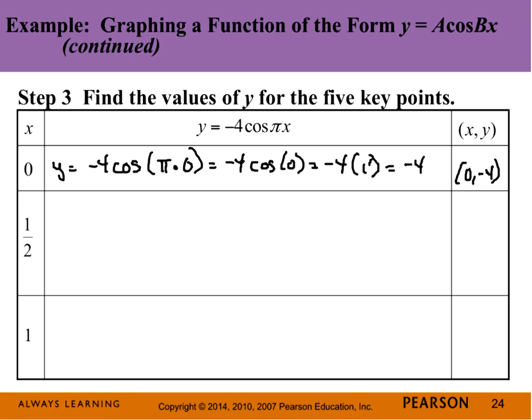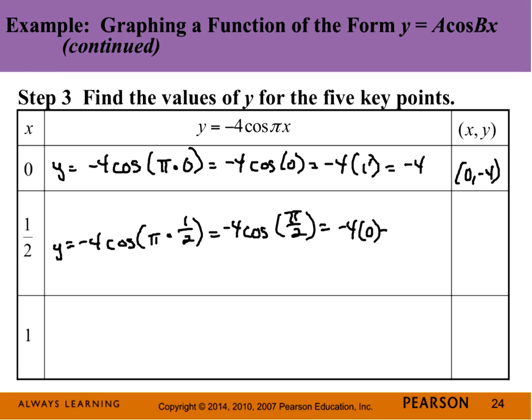So I have the point 0, -4. And then y is -4 times the cosine of pi times 1/2, which is -4 times the cosine of pi over 2. The cosine of pi over 2 is 0, so that's just 0.